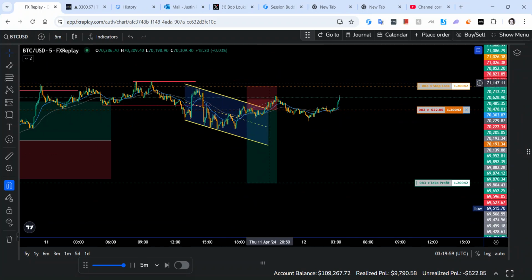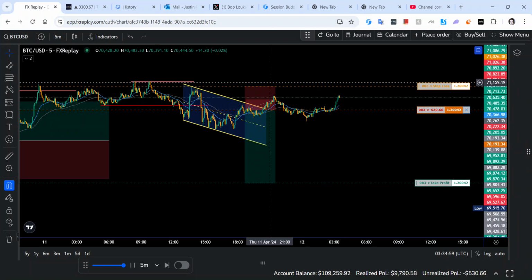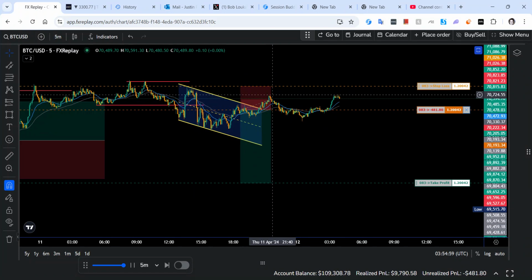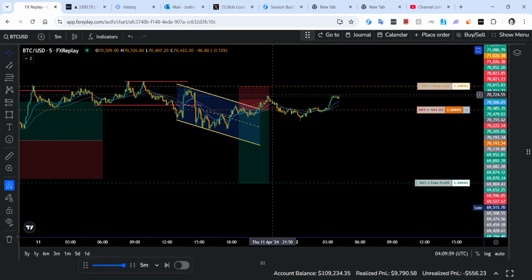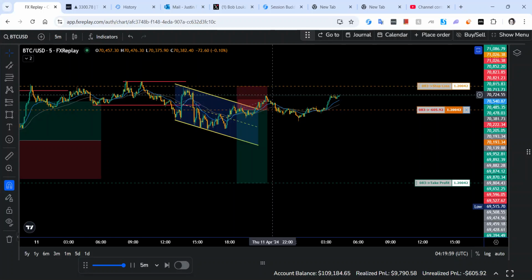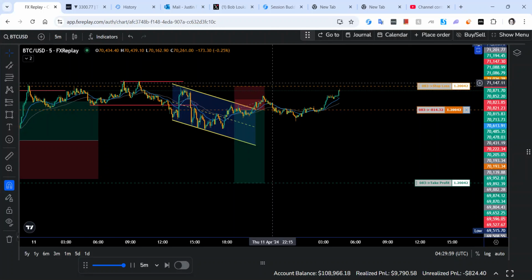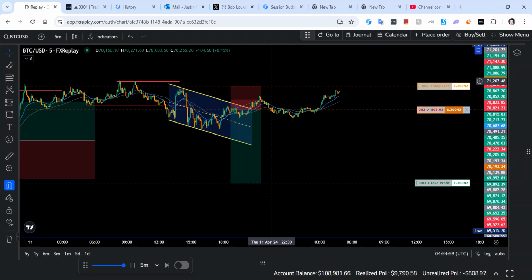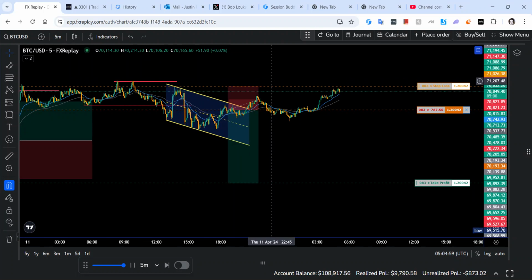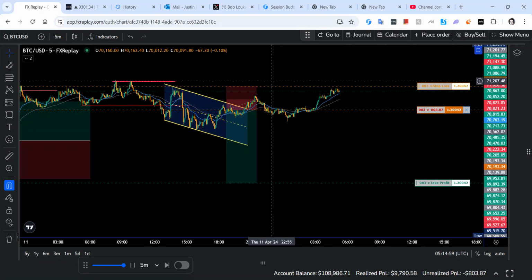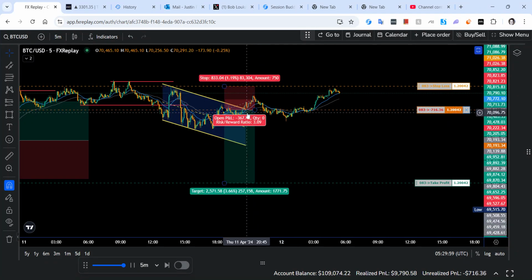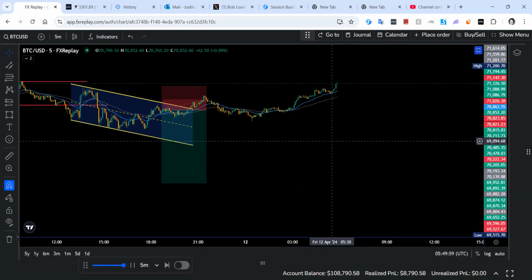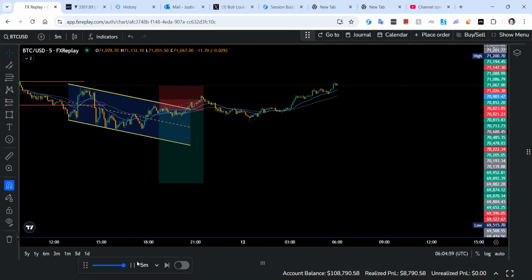Okay, it's going to go to the liquidity up here. First one's here. Next one's here. Yeah. Cool. So it's going to hit that liquidity area there.